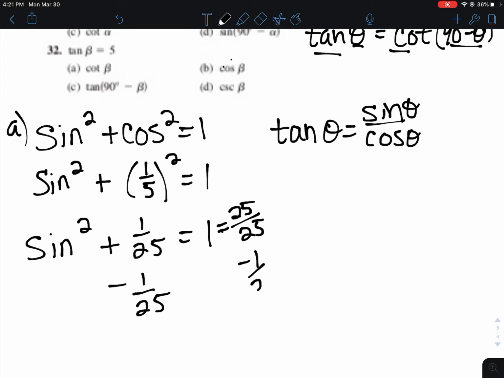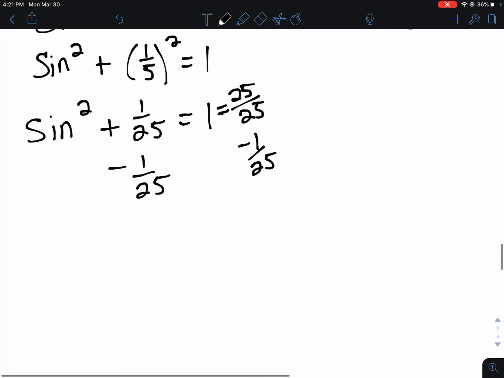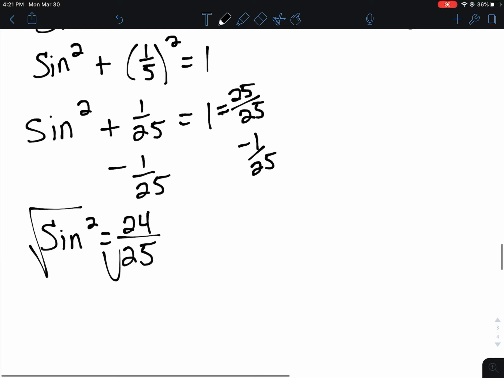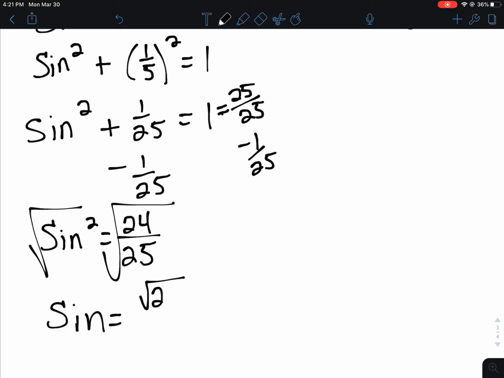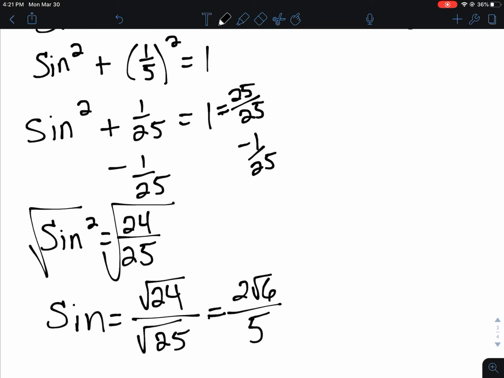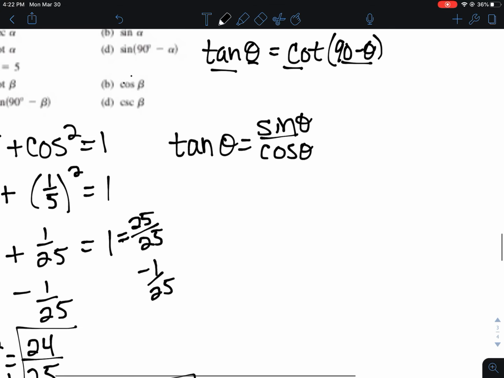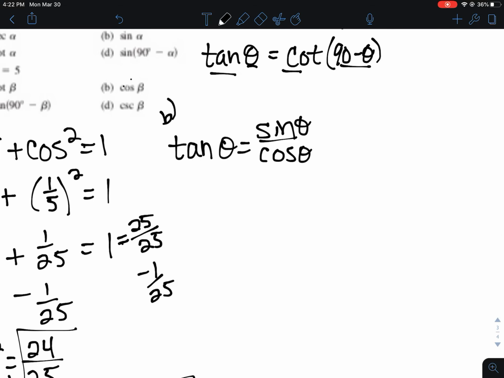So if I take away one of those, then we get sine squared is equal to 24 over 25. And then we can take the square root to find sine. So it's the square root of 24 over the square root of 25, which is 2 square roots of 6 over 5. All right, so that's one option.